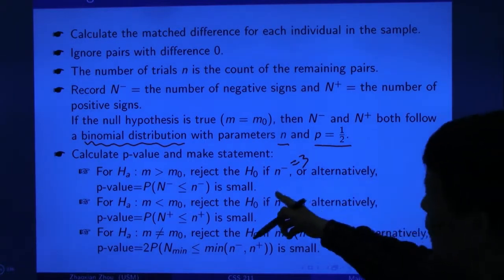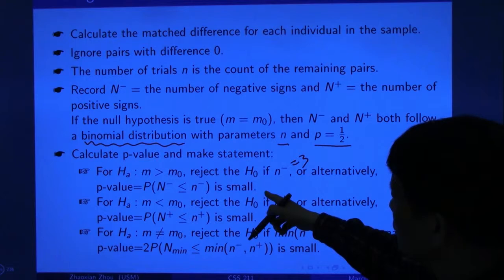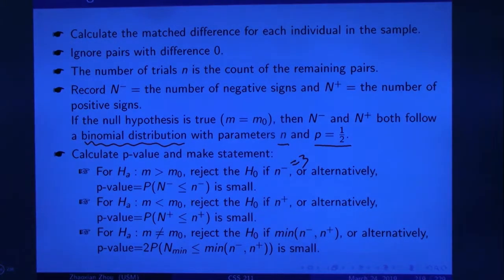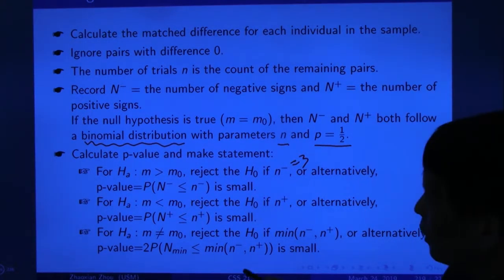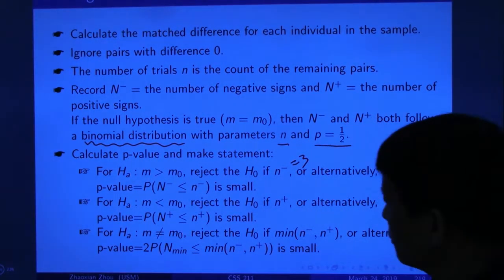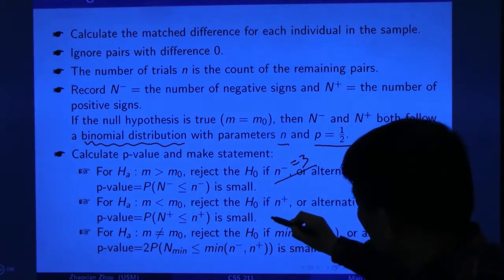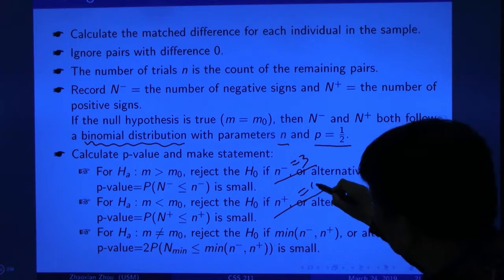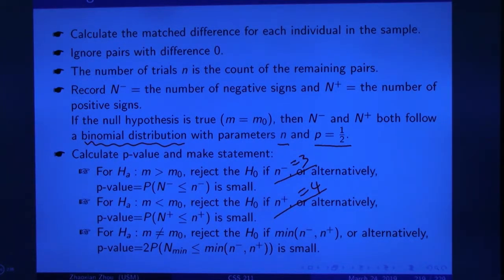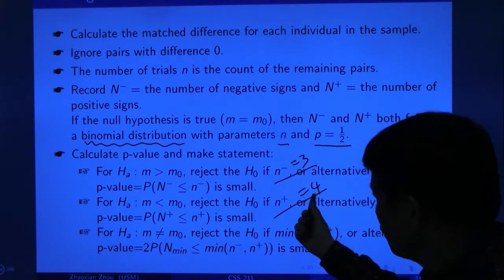If this is true, then we are going to reject H0. For the other one-sided test, M is less than M0, we are going to reject H0 if N plus, in our example equal to 4, is too small. Alternatively, the p-value corresponding to this 4 is too small.